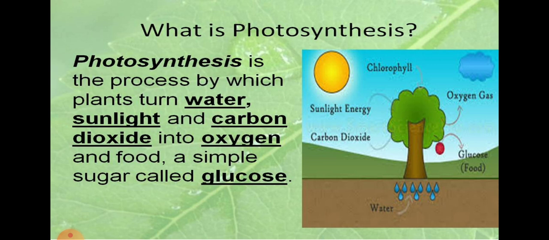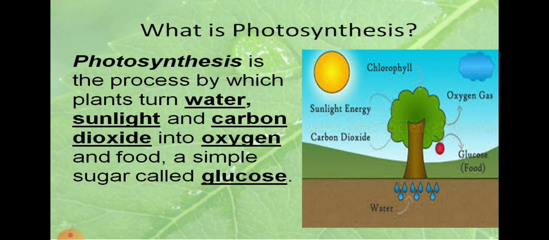We have already learned the photosynthesis process in 6th standard. Now let's start. Photosynthesis is the process by which plants turn water, sunlight, and carbon dioxide into oxygen and food, a simple sugar called glucose.